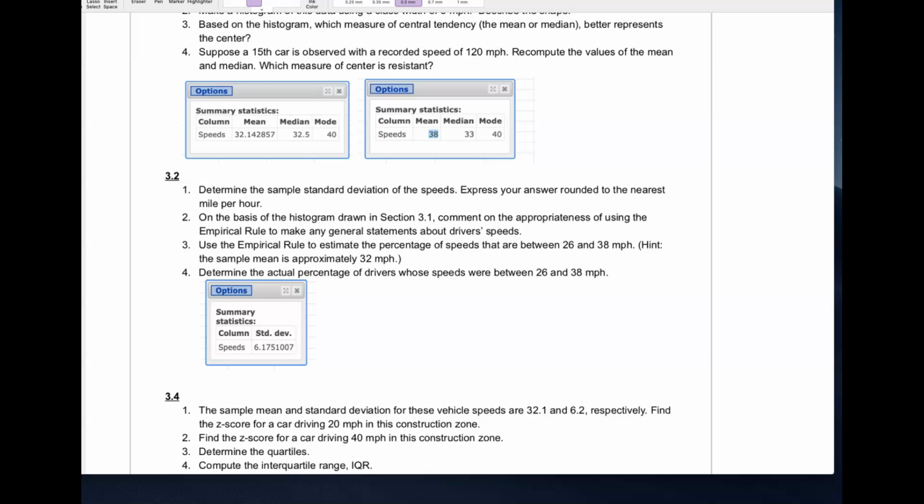If we look at the distribution of the speeds, the histogram had this bell shape, and in the middle the mean was approximately 32, and the standard deviation was about 6.